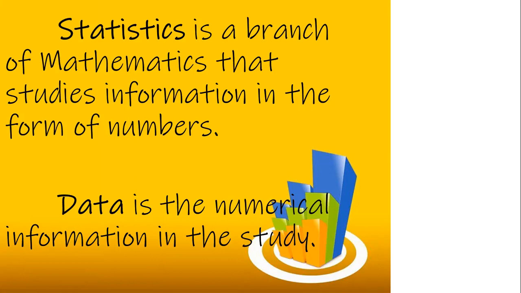Take note that when we talk about data, there are sources of data that we know. The internet is one source of data. For example, if you want to know the population of Thailand by province, it is already there in the internet.